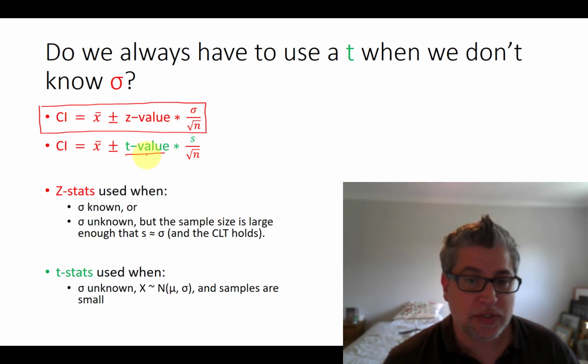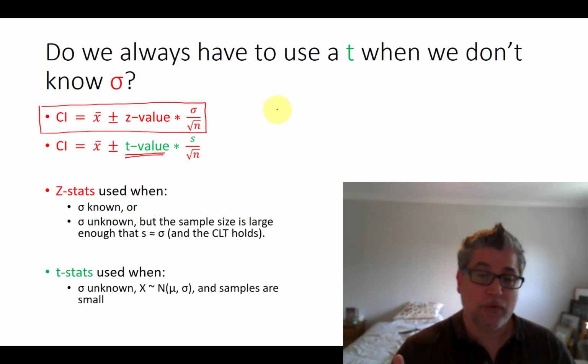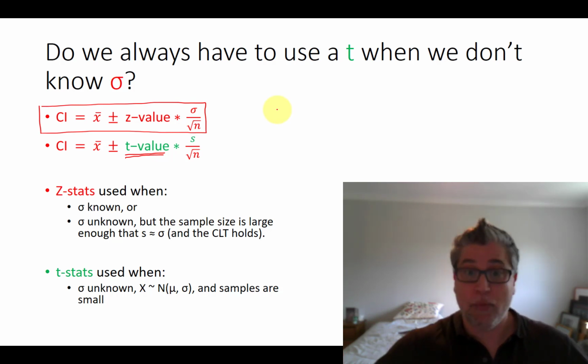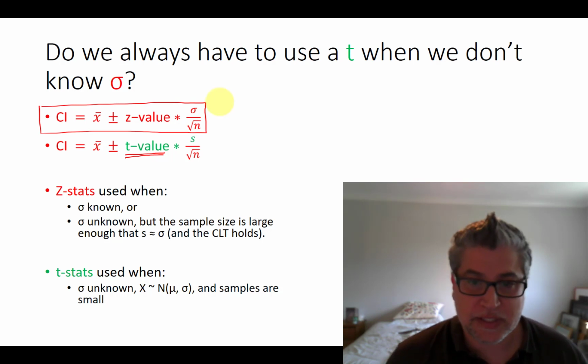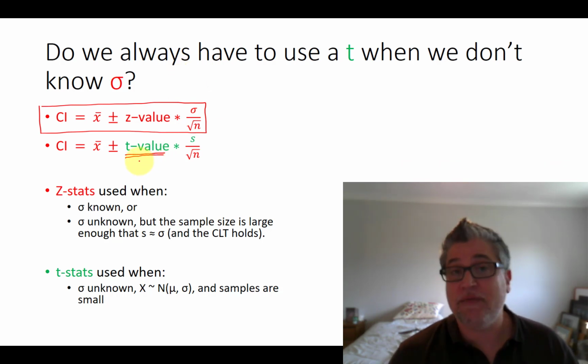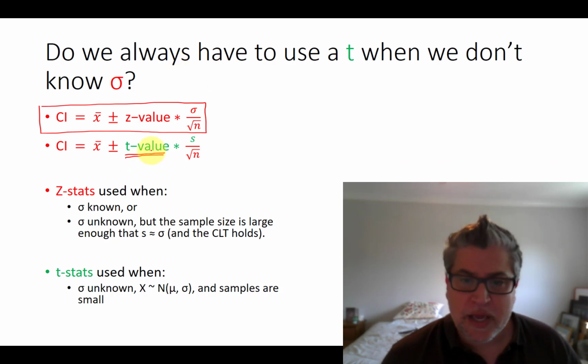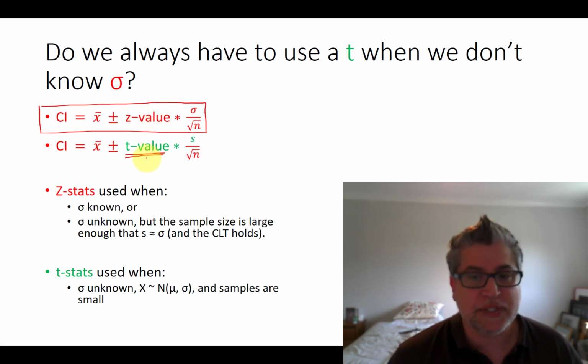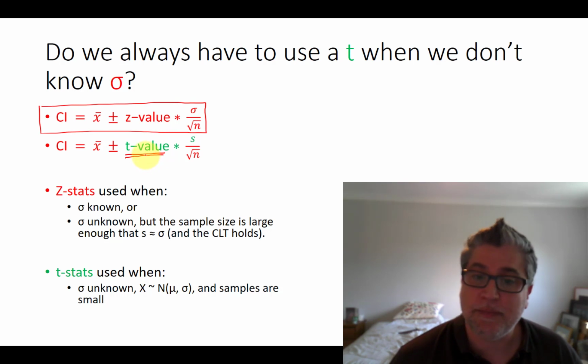We need to use the t-value statistics rather than the z-values. So we're going to have to not just plus and minus 1.96 standard errors from the mean, but actually a little bit more. And this t-value, eventually, if you have a large enough sample size, becomes indistinguishable from the standard normal, but for smaller sample sizes, that difference can be noticeable.